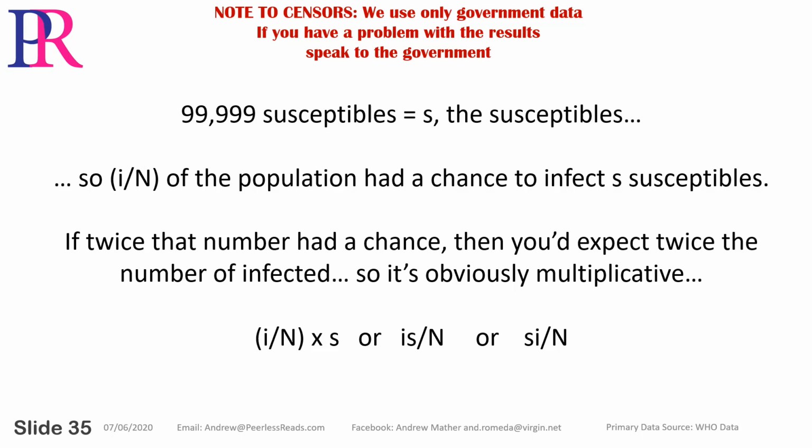So I over N of the population had a chance to infect S susceptibles. If twice that number had a chance, then you'd expect twice the number of infected. So it's obviously multiplicative. I over N times S, or IS over N, or SI over N.